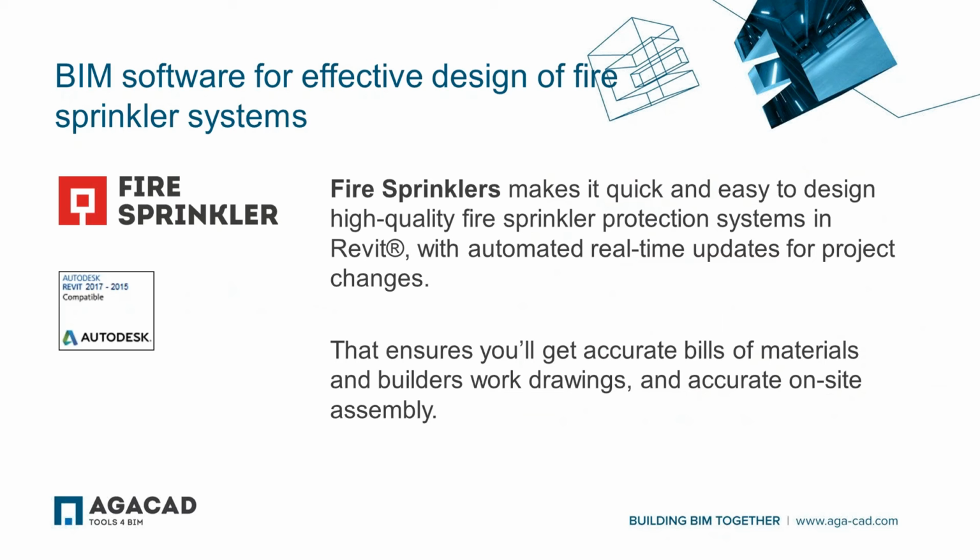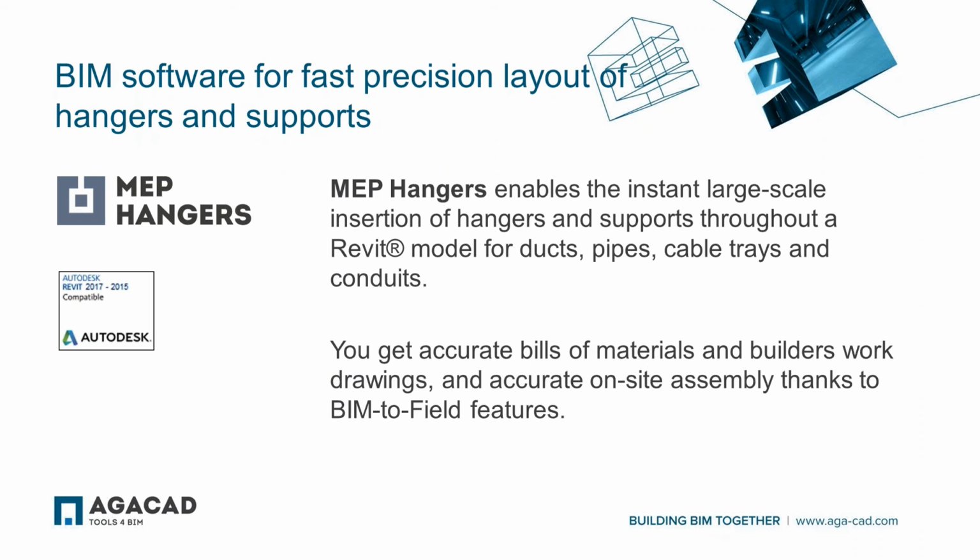The first one is Fire Sprinkler, that makes the design of fire sprinkler protection systems easier, and it automates the distribution of the sprinkler heads and the routing of the pipes. As well, we'll use the MEP hangers to support our pipes and to distribute our hanger families automatically by predefined rules.